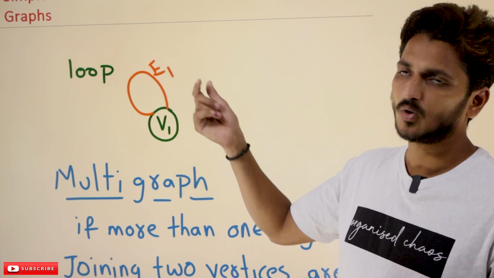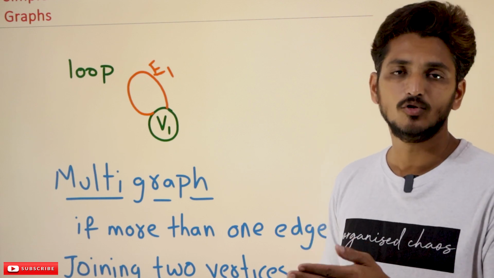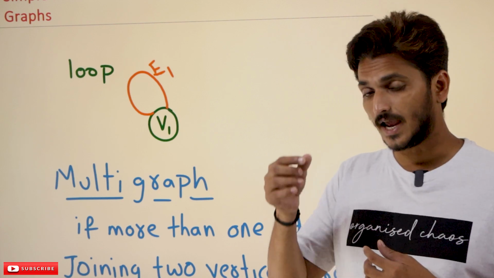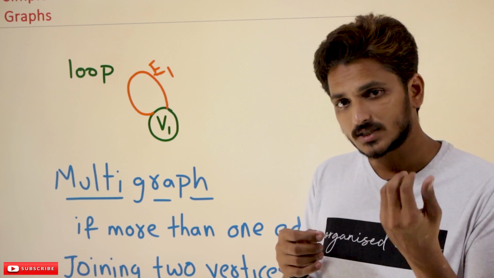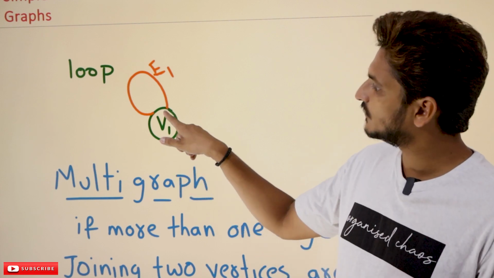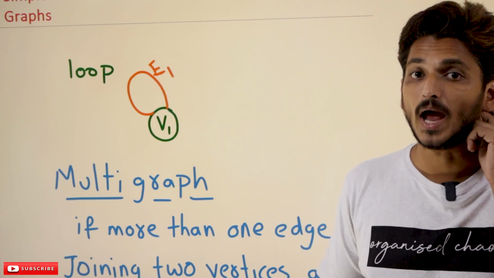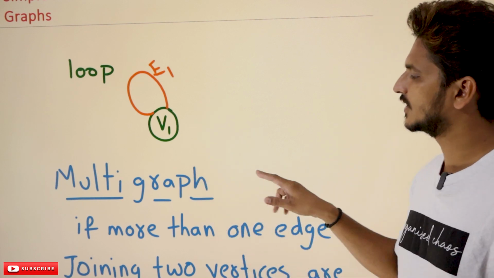Then this edge we call a loop, or simply a self-loop edge. In our last class, we discussed that edges are connections between two vertices. Here the starting vertex and ending vertex are both the same. It starts from v1 and ends at v1. Then we say it is a self-loop edge. We are going to use this concept in our graphs.